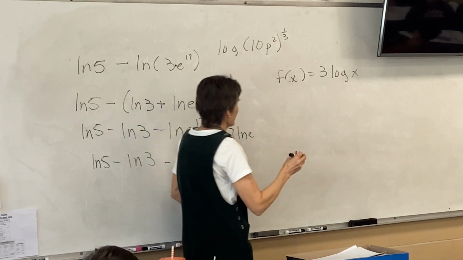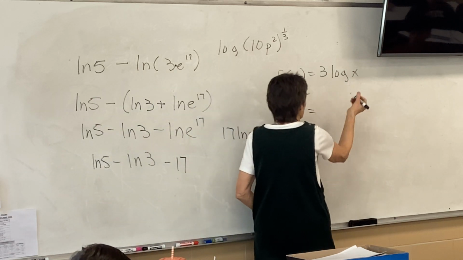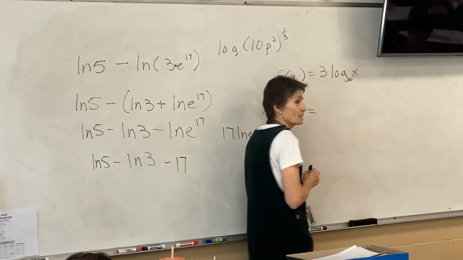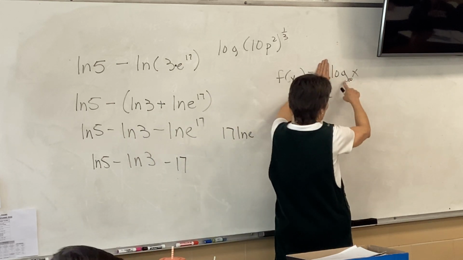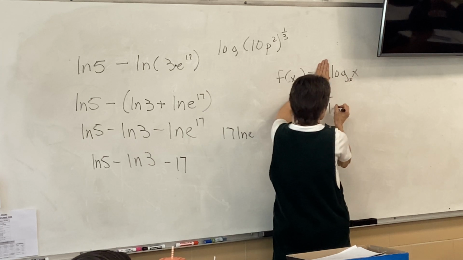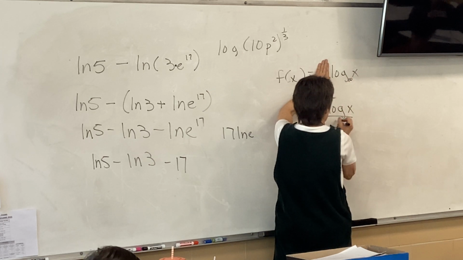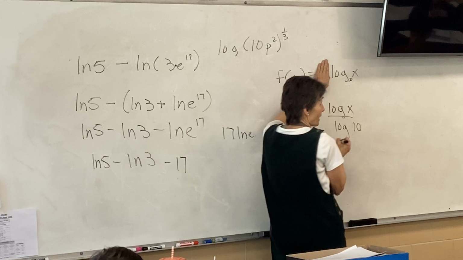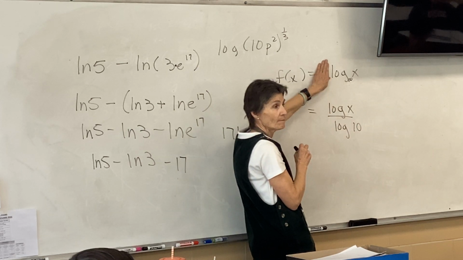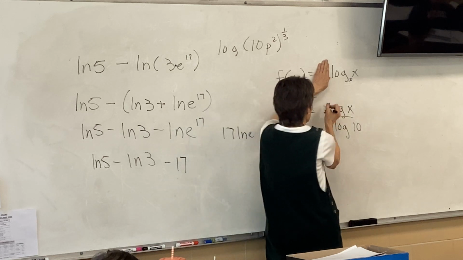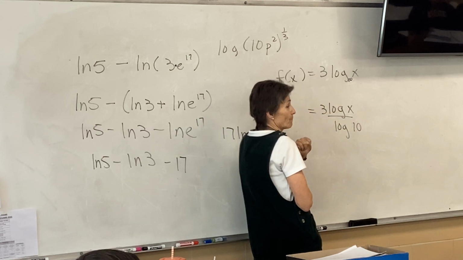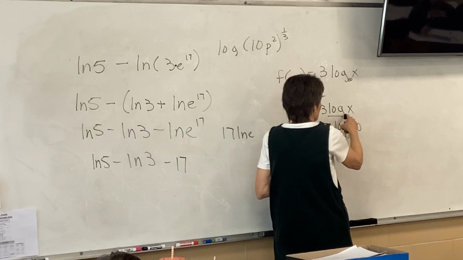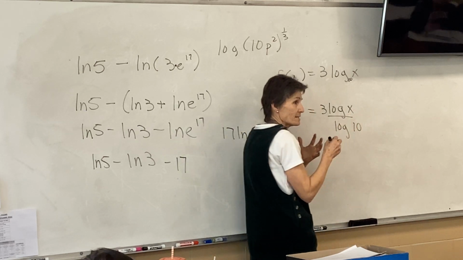So this is kind of like what we did before. This is base 10. So this can always be written as log x over log 10. That can always be written that way. Okay? And I got 3 of those. And I don't want any generic base.